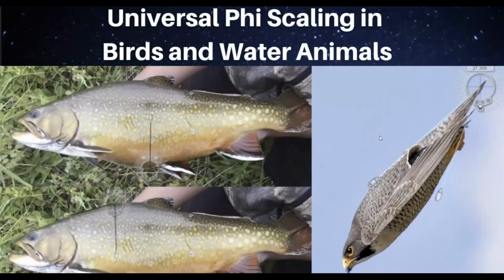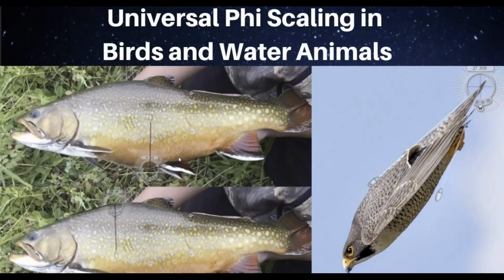So here's some pictures from our thumbnail. On the left, we have some examples of trout. As you can see, we find this not only on the bottom of the fish, we also see it on the top of the fish.